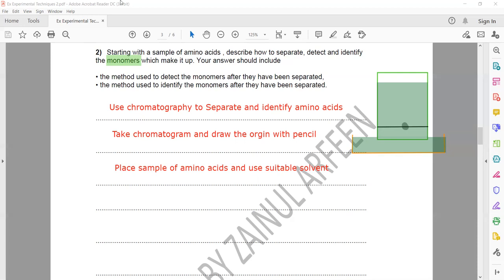So as amino acids are colorless liquids, what will we do? We will use a locating agent to make spots of amino acids visible, or you can also say spray the chromatogram with a locating agent to make these amino acids visible.